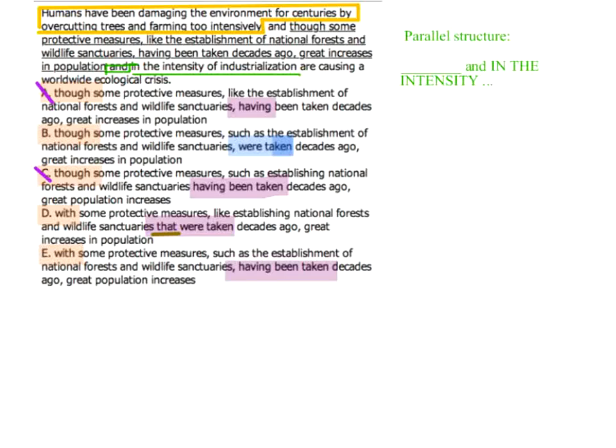The way they're doing this is either "great population increases" or "increases in population." But either way, by themselves, those would be fine. The problem is that you want increases in something or in something else. So the ones that do that correctly are this one.